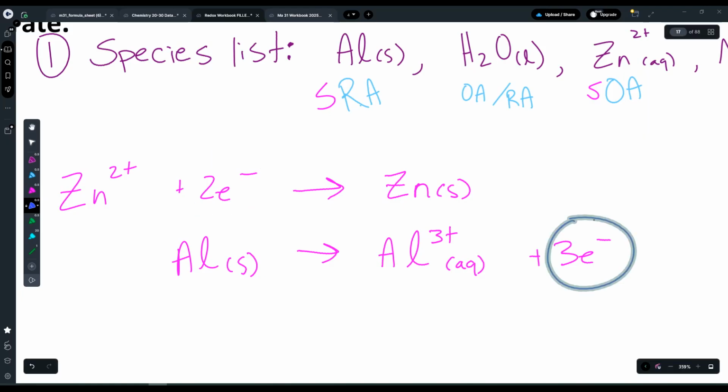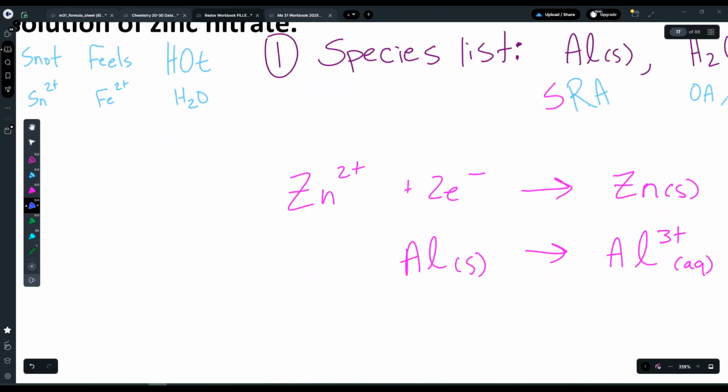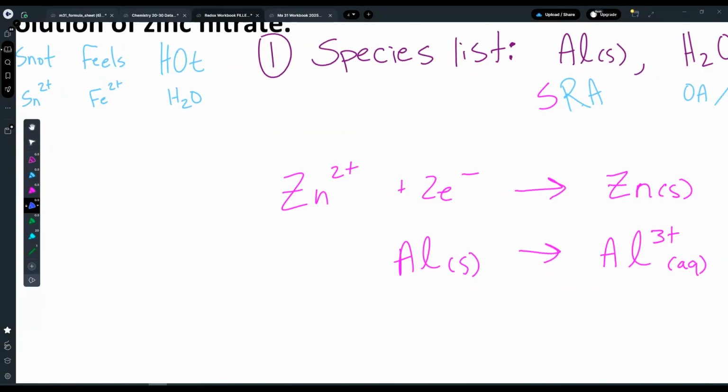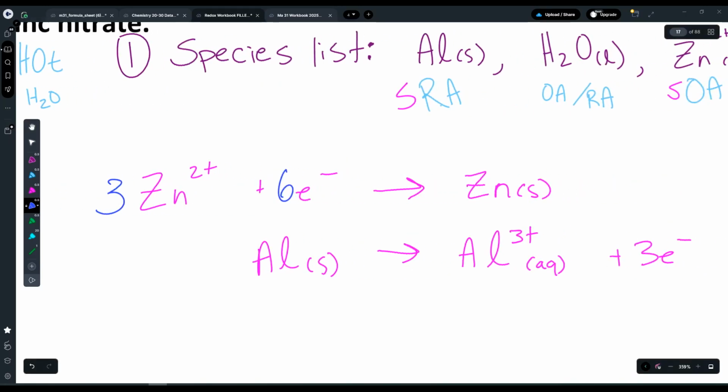Okay, that's 6. So what I'm going to have to do to the first reaction with zinc in it, in order to get the electrons to be 6, I need to multiply this entire reaction by 3. So that's going to mean I have 3 zincs, 6 electrons, and then 3 zinc solids.